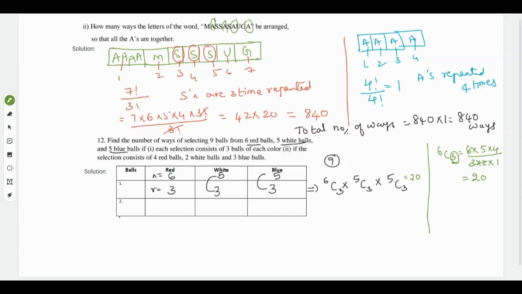Then into, the next one is 5C3. Here we write 5 into 4 into 3 divided by 3 into 2 into 1.